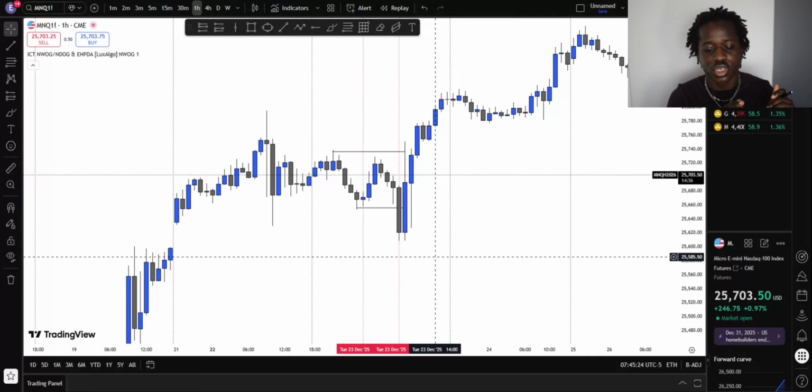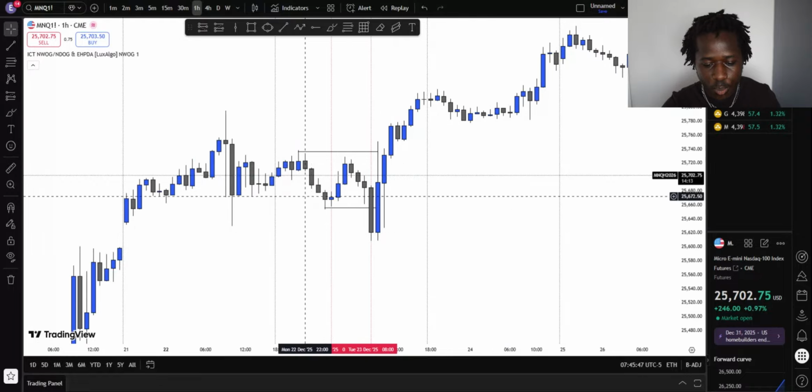People could say institutions need to fill their orders, but we will just say there are trader stop losses here. Stop losses need to get taken so institutions can fill their orders. That's the simplest way I'm going to put it. You might learn whatever you want later, but it's the simplest way for you to understand this, right?